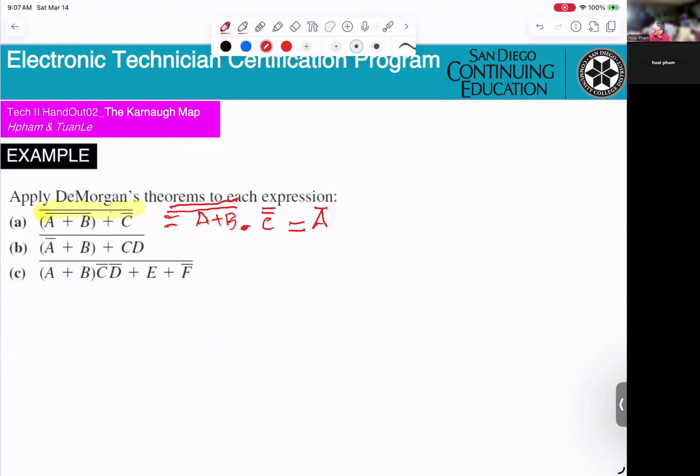A not, or and B not. Okay? And C not. Okay. Equal. A not means A. Okay. And B not is B. And C not is C. Okay.